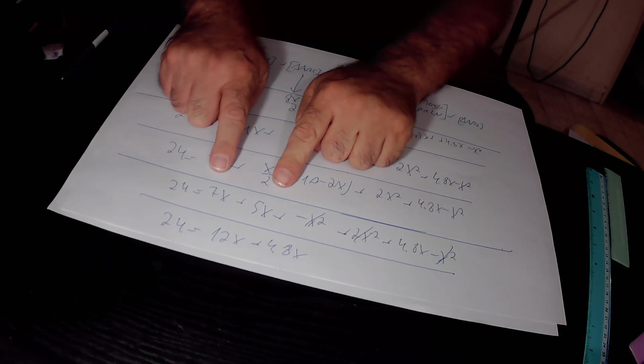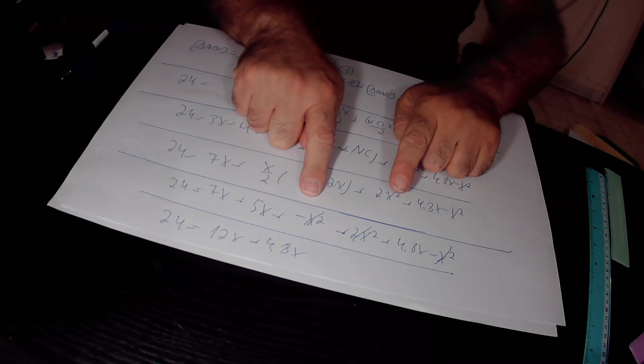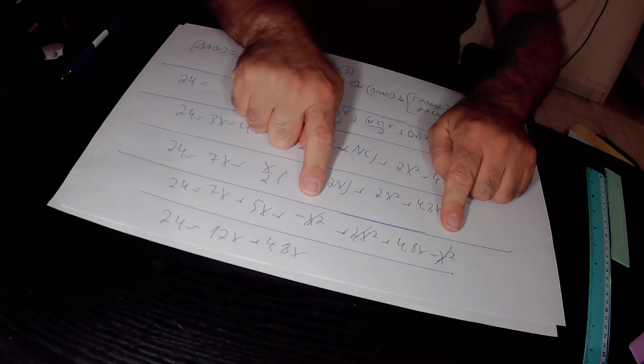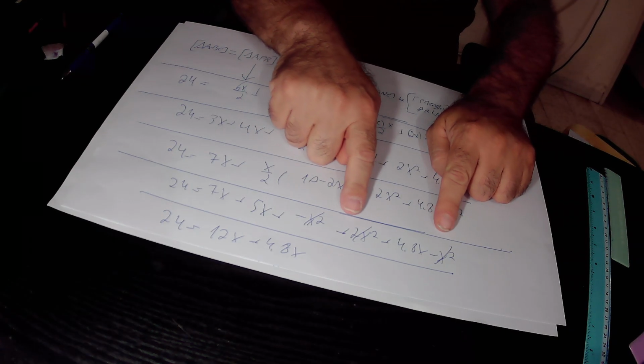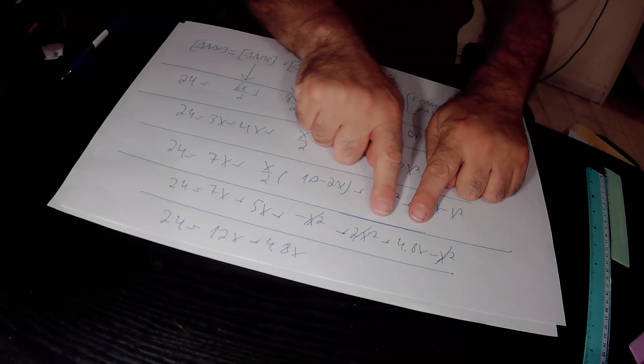24 equals 7x plus 5x is 12x. We have minus x squared minus x squared is minus 2x squared, and minus 2x squared plus 2x squared is 0. So those two expressions get cancelled, and we're left only with plus 4.8x.